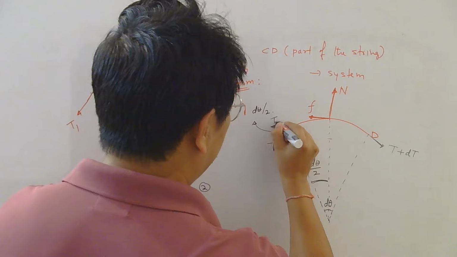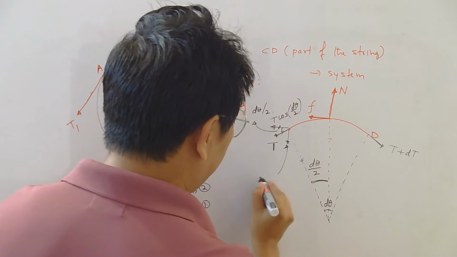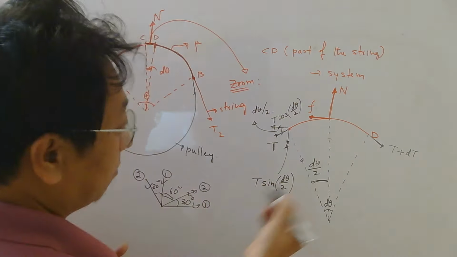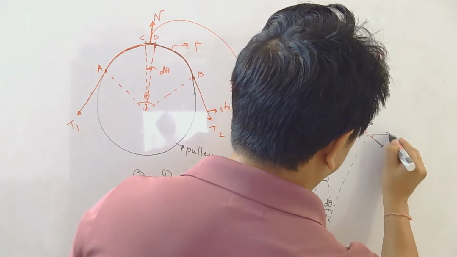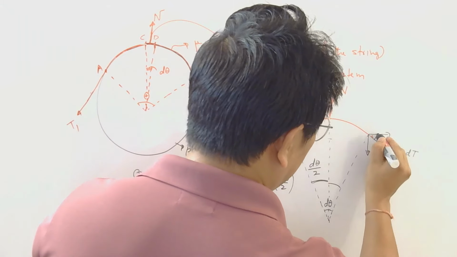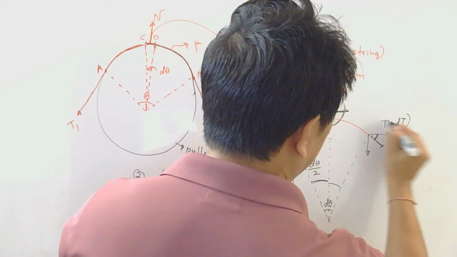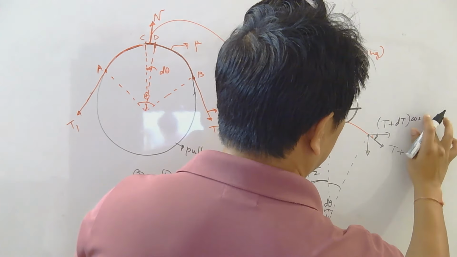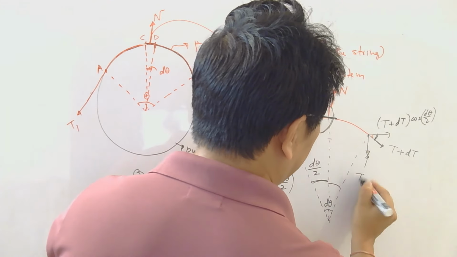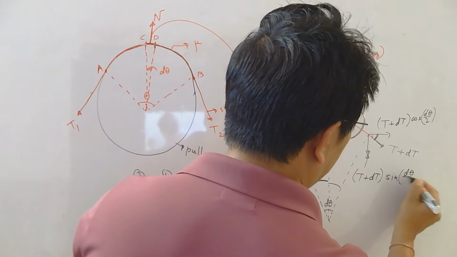This component will be T cos d theta by 2, and this component will be T sin d theta by 2. By symmetry, we can do the same thing here. This angle is also d theta by 2, and this angle will also be d theta by 2. So this component will be (T plus dT) cos d theta by 2, and this will be (T plus dT) sin d theta by 2.